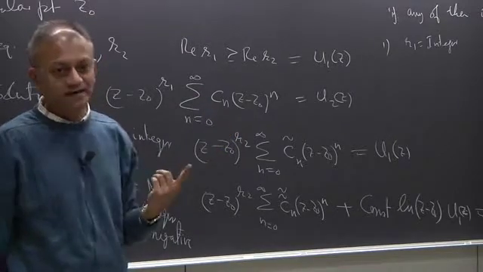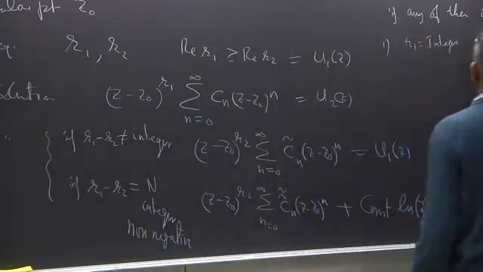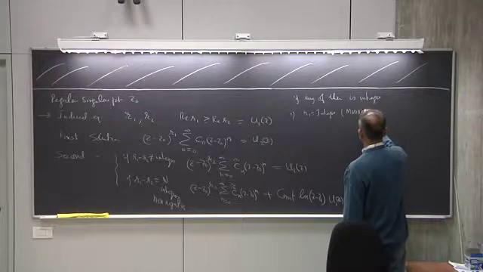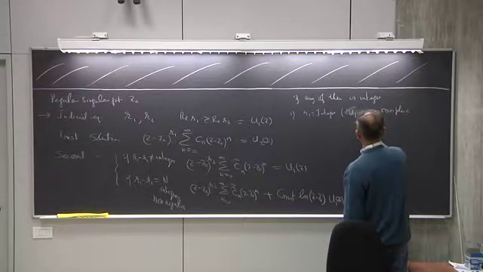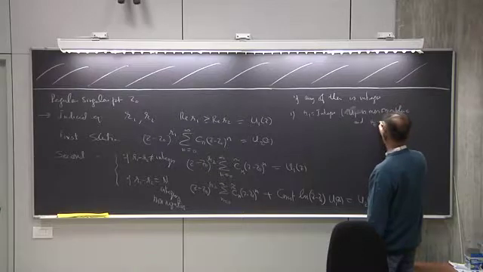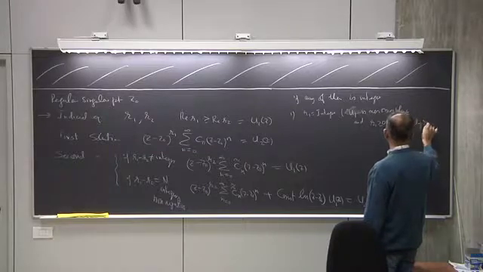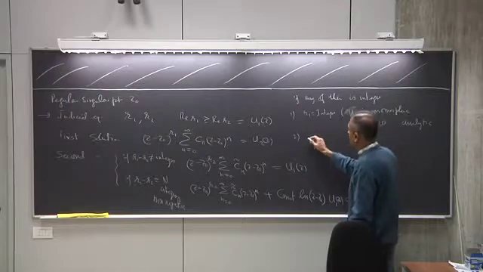So one solution will be analytic. If R1 is an integer, then U1 is meromorphic. And in particular, if this integer is non-negative, then it is an analytic solution.